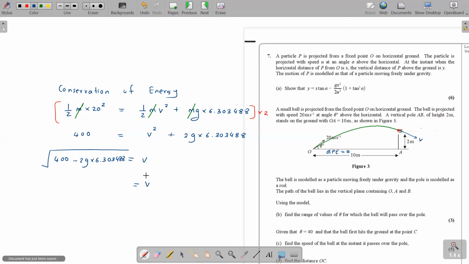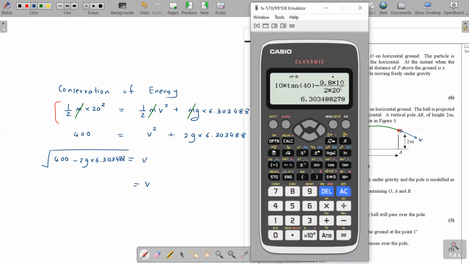How much is v? Type the whole thing in the class. Square root of 400 minus 2 into 9.8 into 6.303488. And I end up getting 16.6, 16.6 to 3 SF.